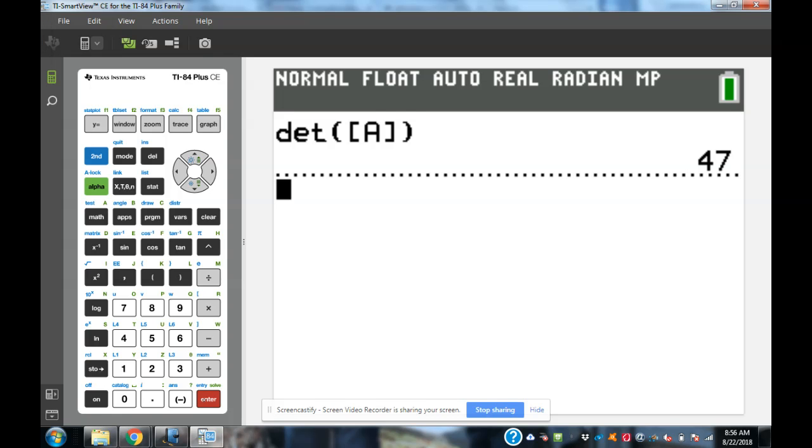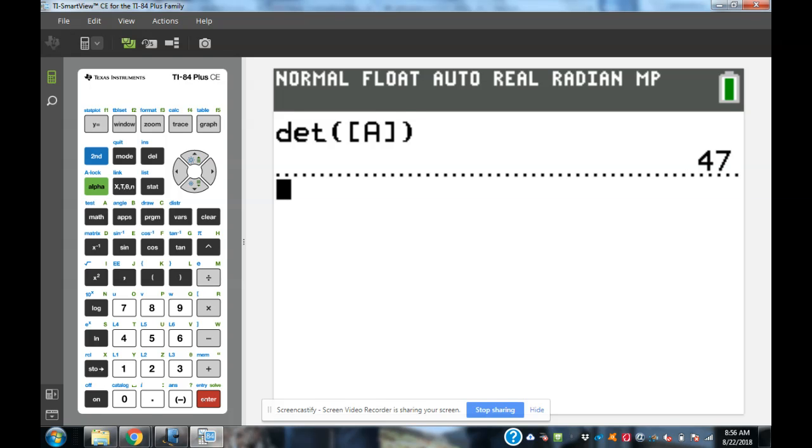Now, it took me several button pushes and a lot of stuff I didn't have to do. For 2x2s, I do those by hand because it's faster than doing that. Anything bigger than that is not faster.